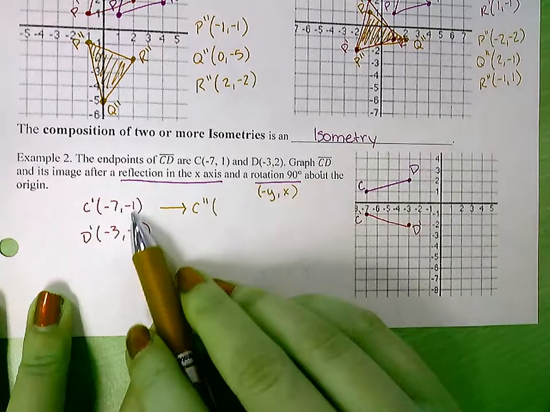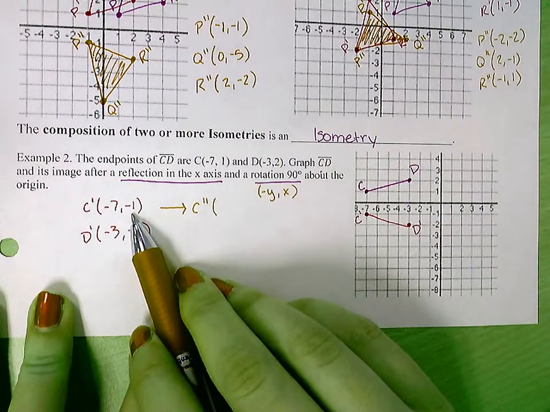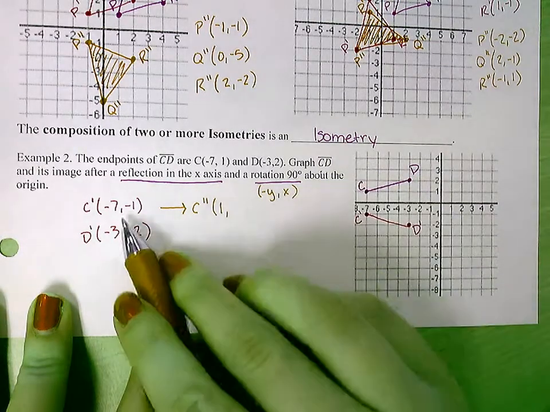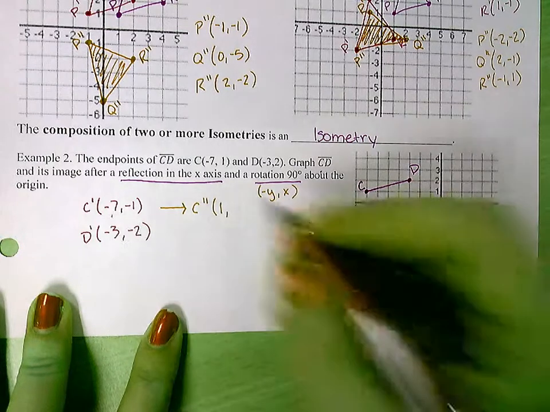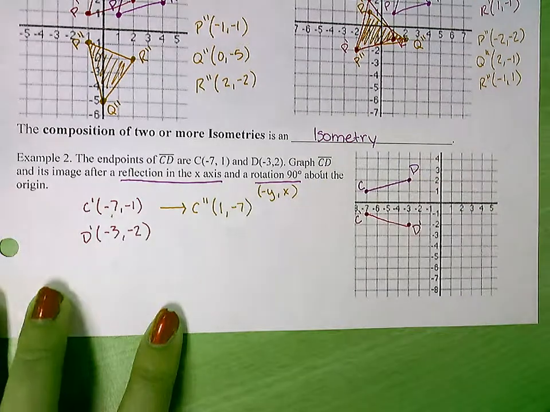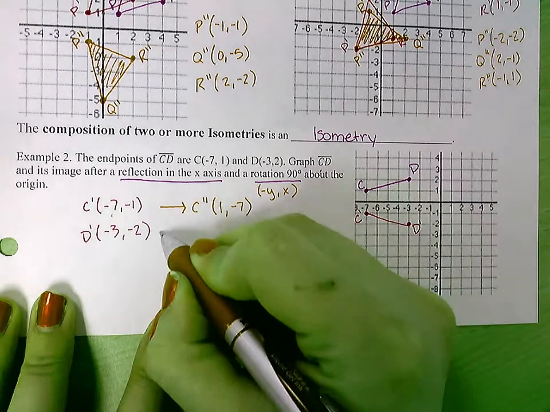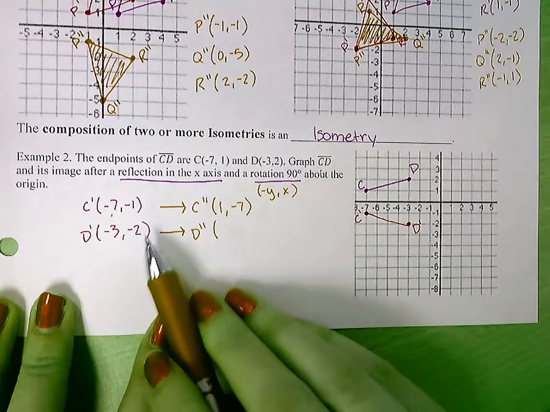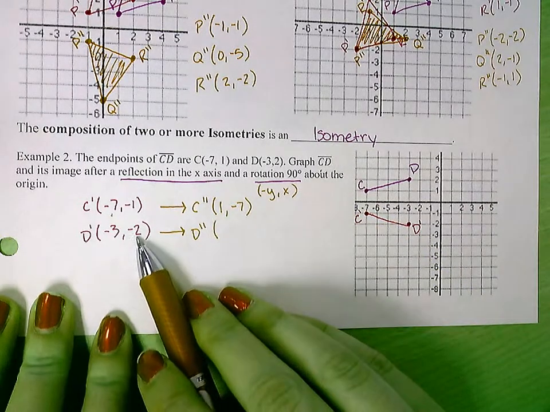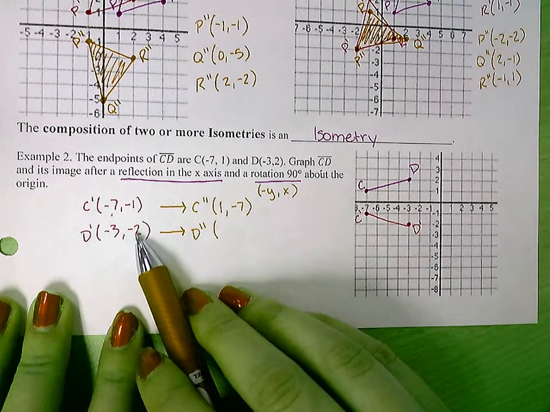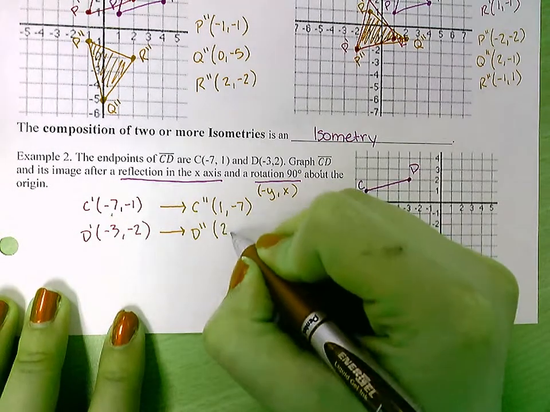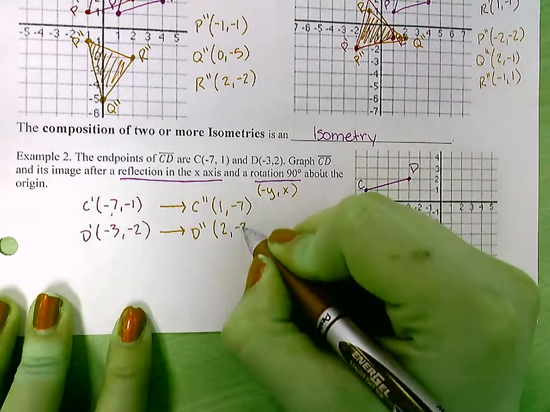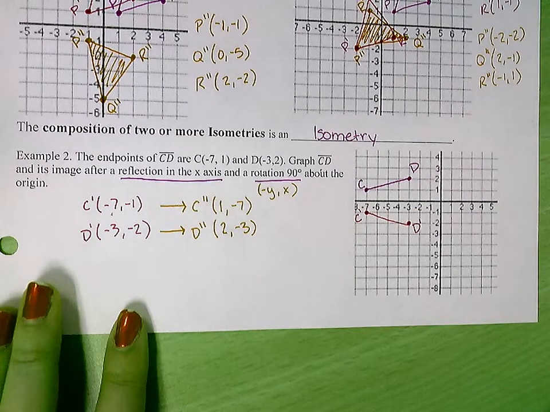We're going to take the opposite of y, so since it's -1, it will now be 1, and then leave x the same, and x was -7. Then to get D double prime, looking at your y value first, we want to take the opposite of what it is. So since it's -2, it'll now be 2. And then we want to leave x the same, so it's still at -3.